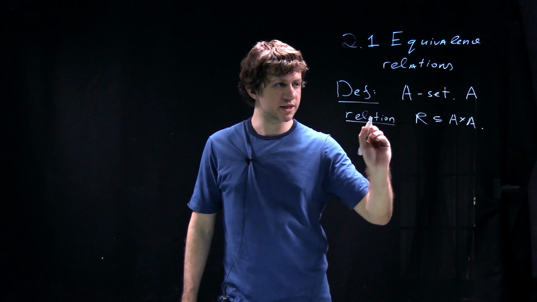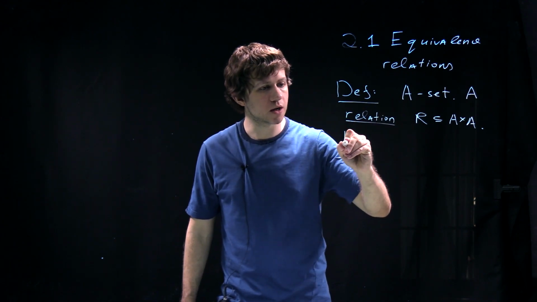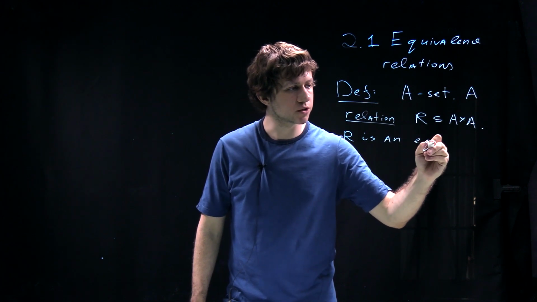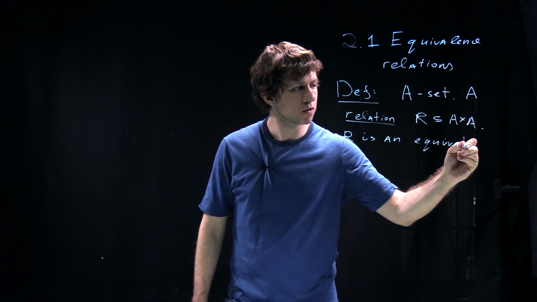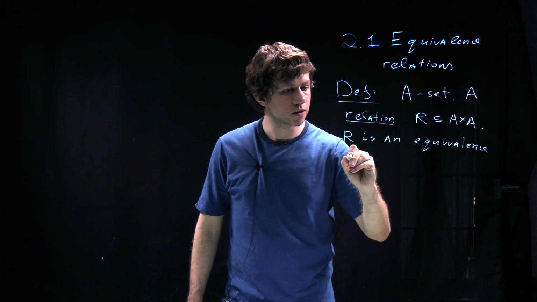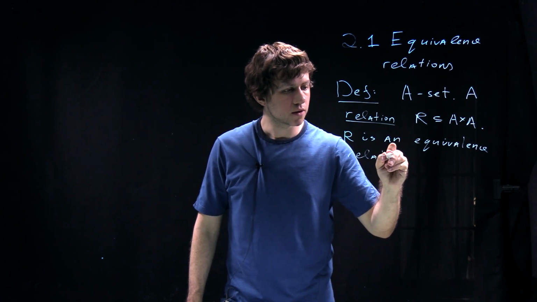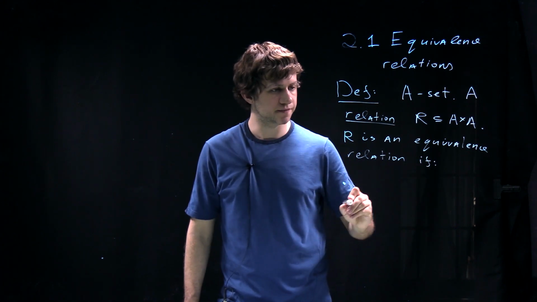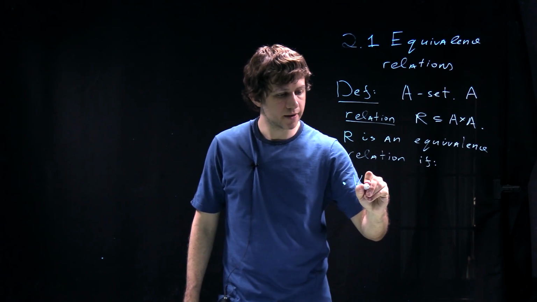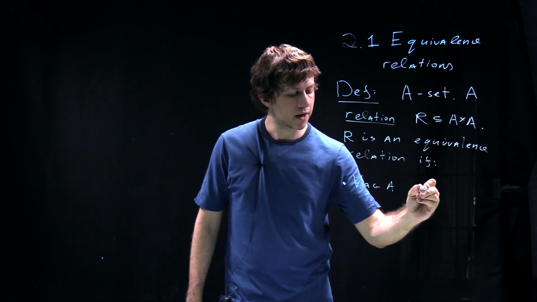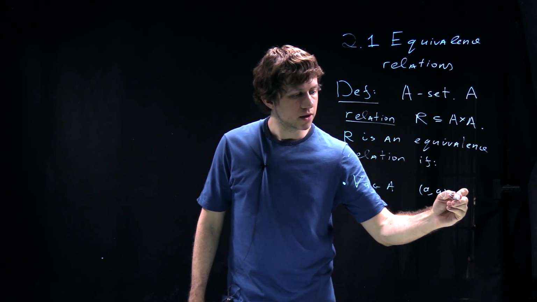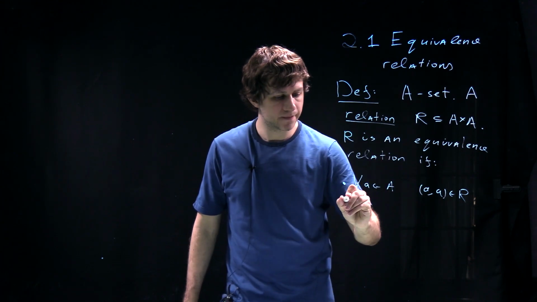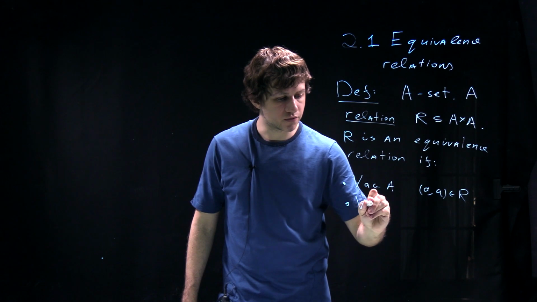And then there is a property, that's a definition. So R is an equivalence relation if the following three axioms are satisfied. So for every a in A, pair (a, a) is in R. So it means a is in the relationship R with a. Then this relation is symmetric.